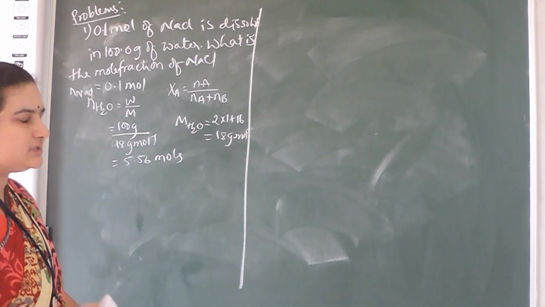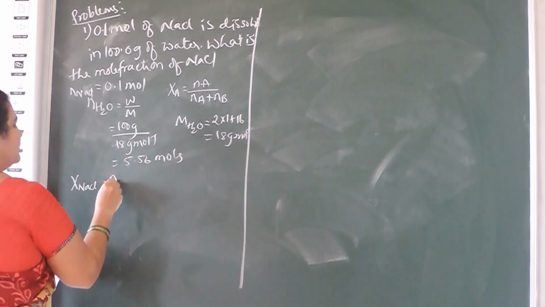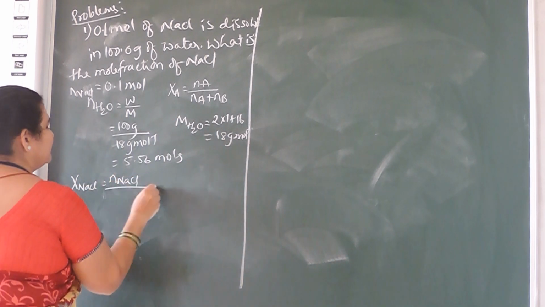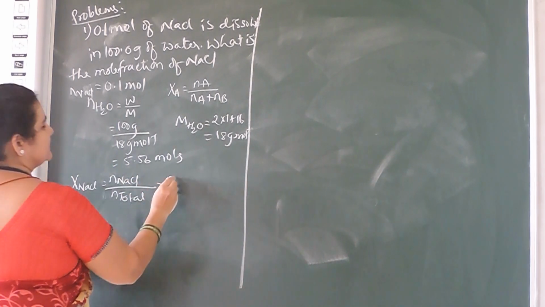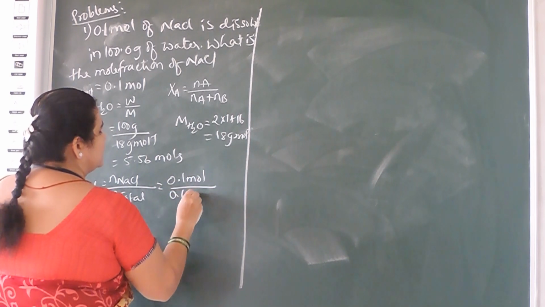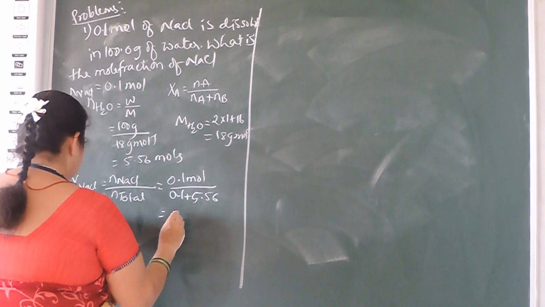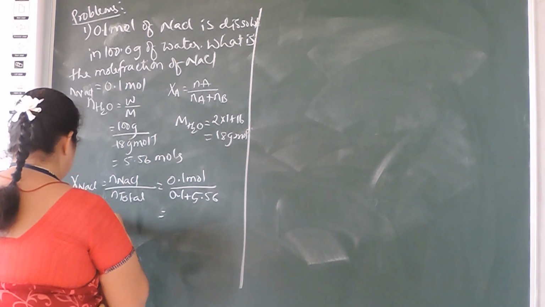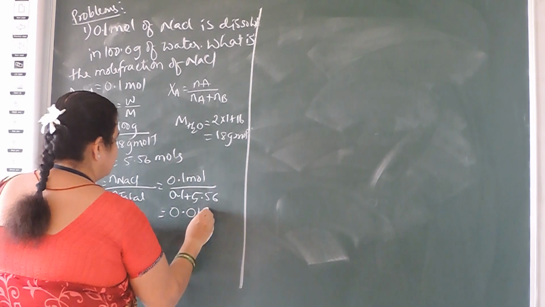Now next, the mole fraction of NaCl is equal to moles of NaCl divided by N total. NaCl is given as 0.1 moles divided by 0.1 plus 5.56. Totally it comes as 0.018.